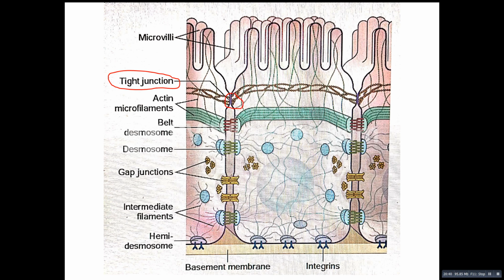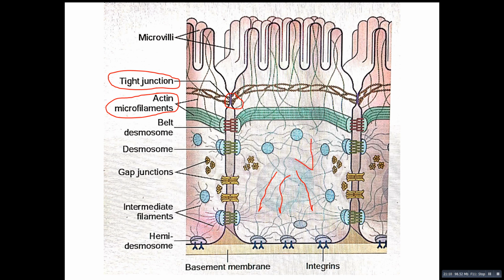We have also read about the actin microfilament, as we can see in this image, and we have read about the function of actin microfilaments as well. And here, as you can see, the multiple thread-like structures are the intermediate filaments. I have already labeled the intermediate filaments, and there are various kinds of intermediate filaments in different kinds of body tissues.